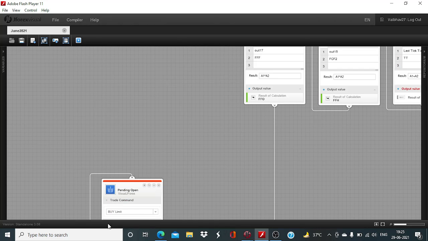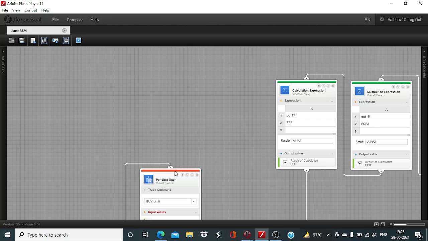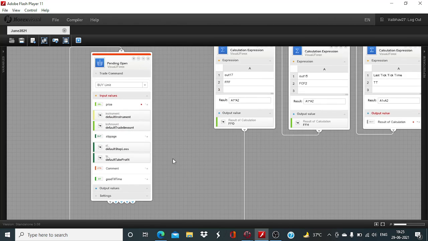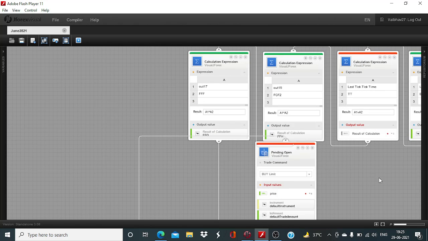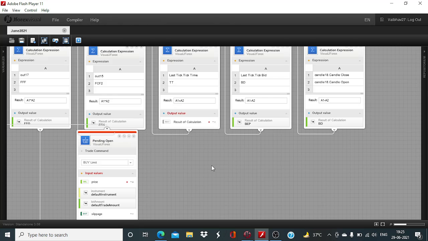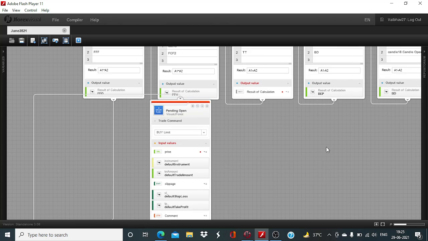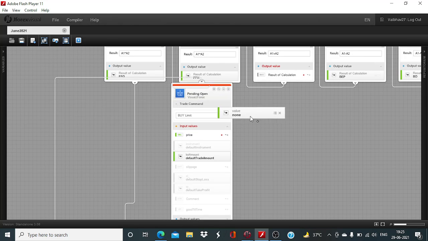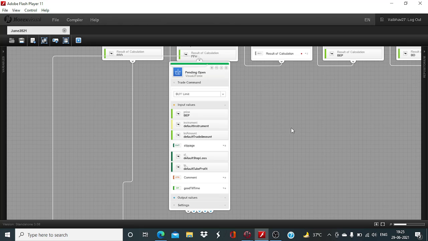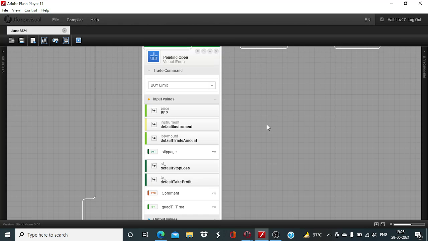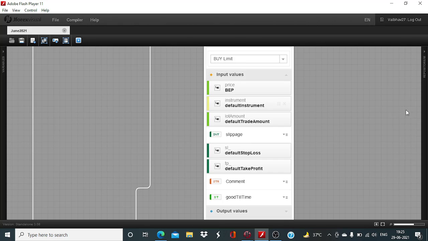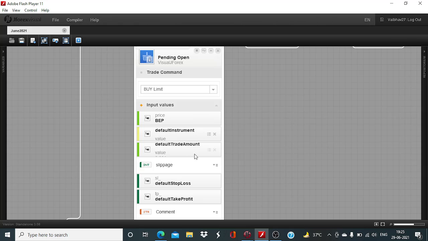Now coming to the defining of parameters for the trade command block. The execution price we have already defined, and that variable is here, so it will be put here. After that comes the default instrument, which is going to be USD JPY.